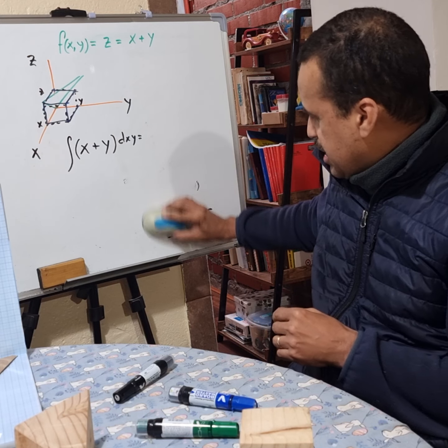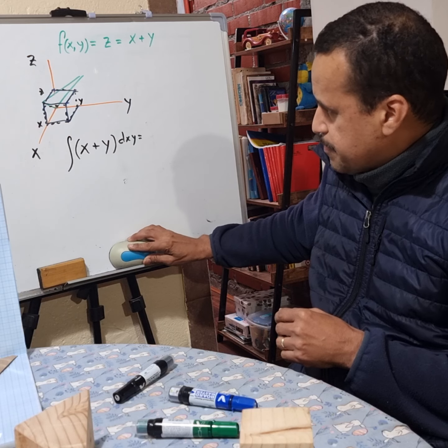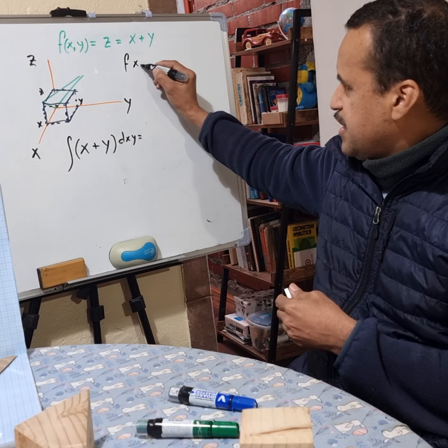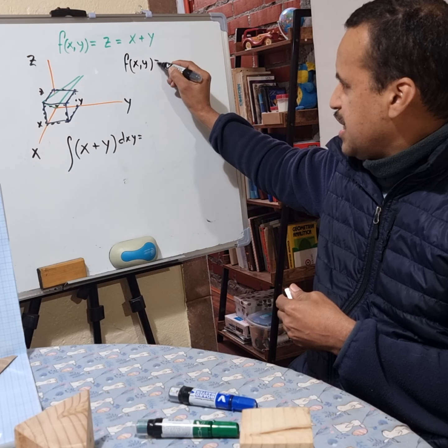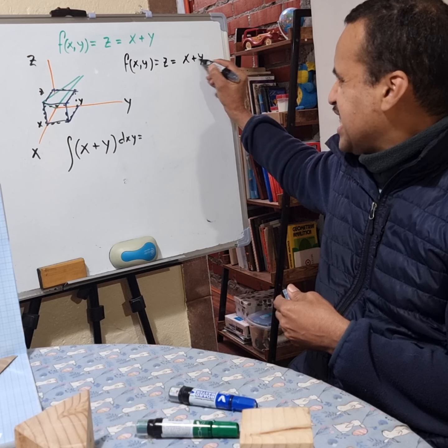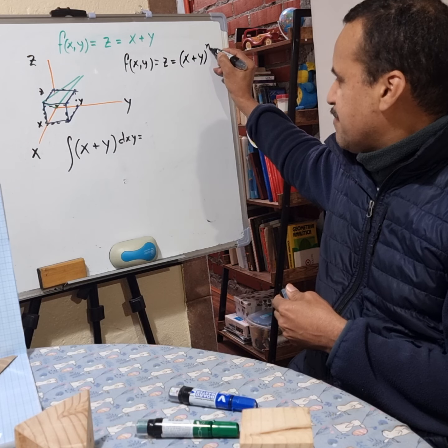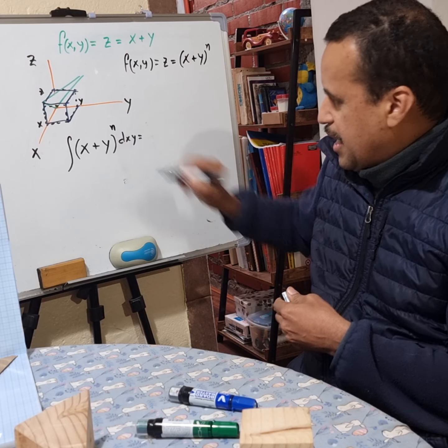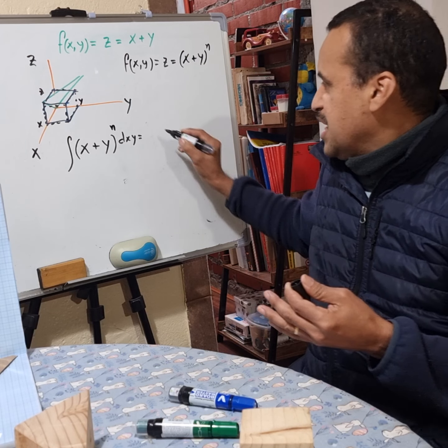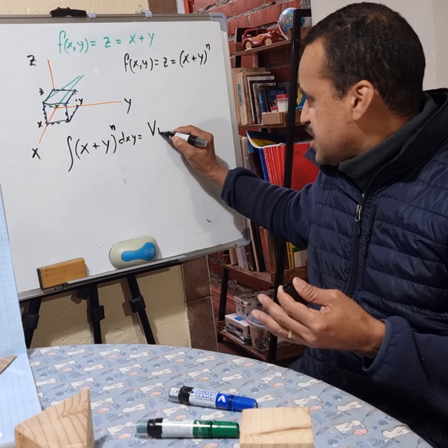If we want to calculate now another function f of s, y equal to z equal to s plus y to m, this integral, this primitive, is going to be the same as the volume of the cube.